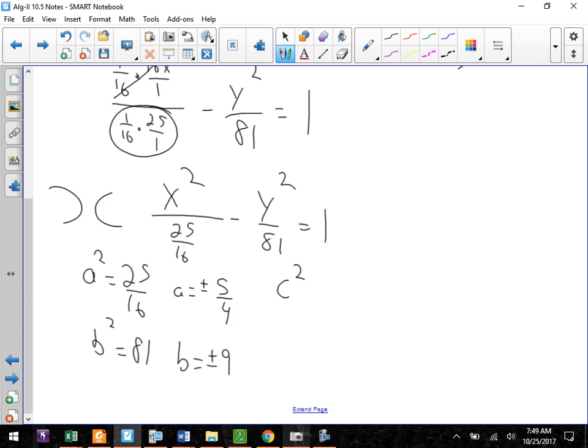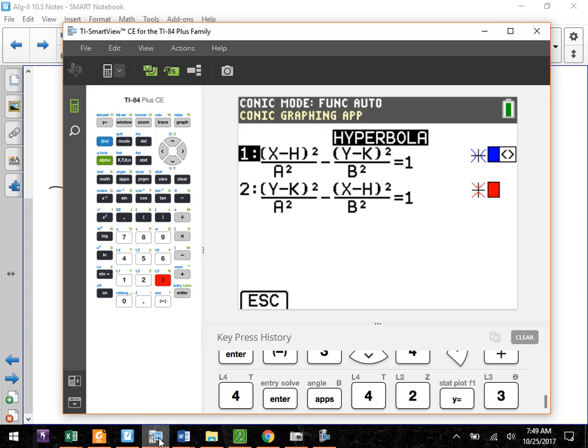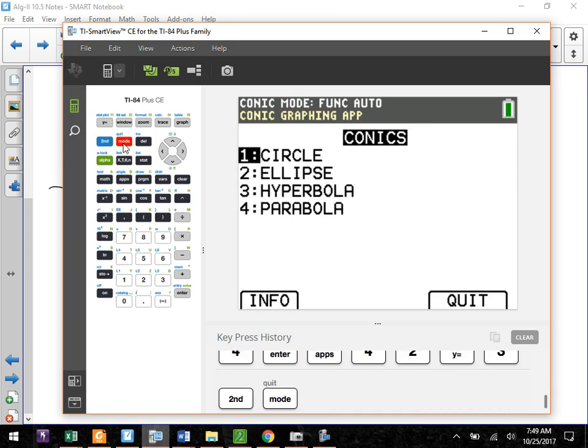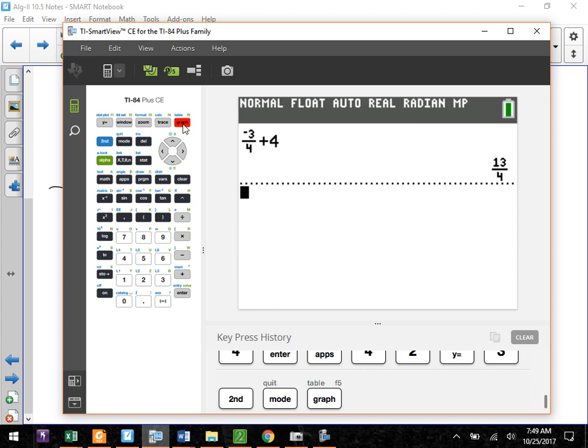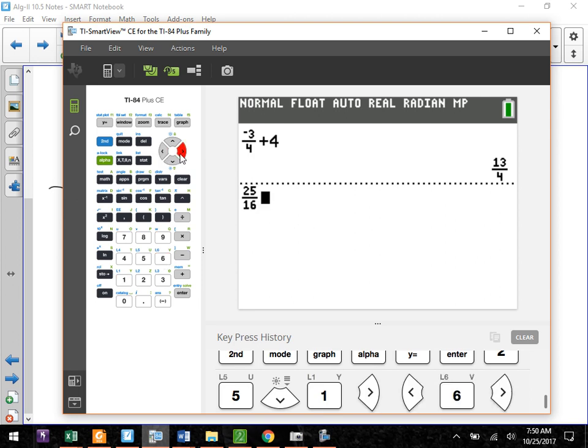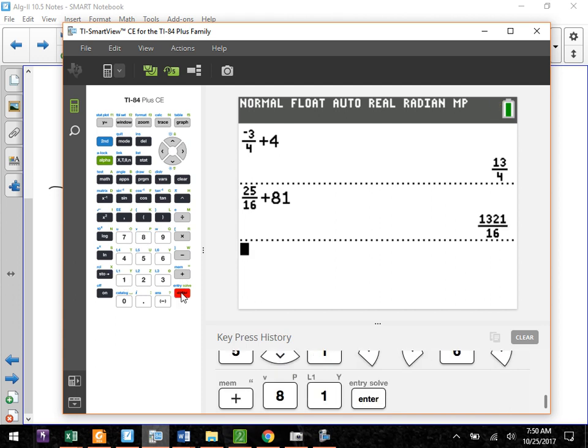So our c squared is something ugly. 1321 over 16.